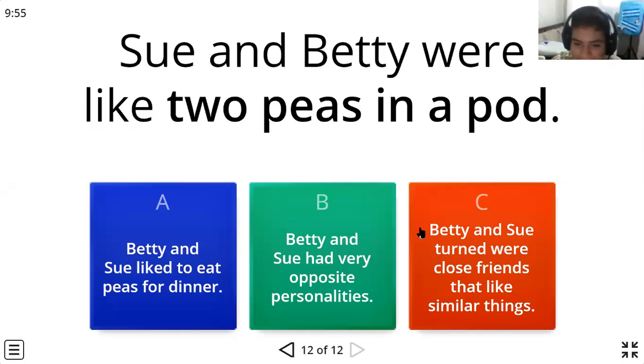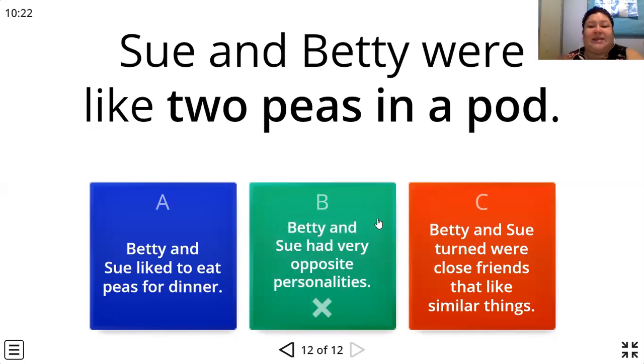Is C? No, A. Are you sure? Remember that everything is not exactly the same thing that you say. I think it's B. Okay. Ah, actually C.